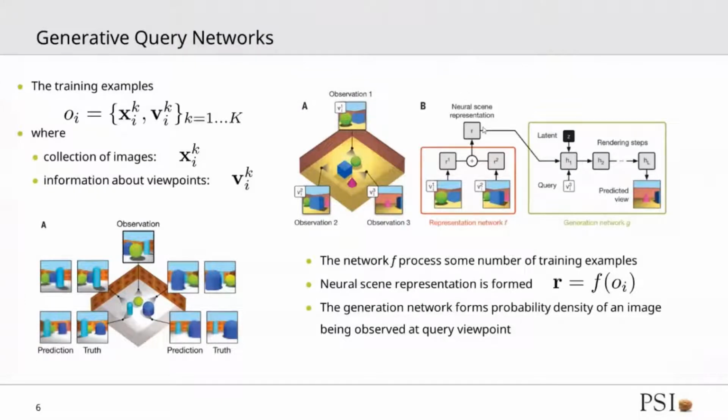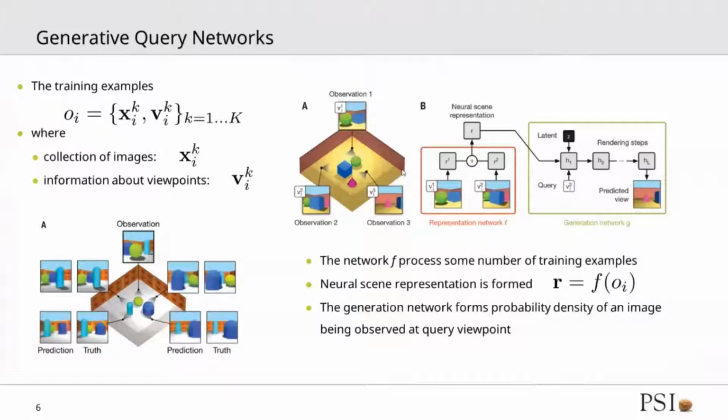You create this neural scene representation, which is here introduced as a vector R, which later on is provided to the generation network, and together with this additional hint, additional supportive information about the expected orientation you want to get from the network, or in the training phase about the orientation of the training example, which is currently the subject of the training, and everything is trained in such a way that afterwards, in the inference phase, you will provide some latent representation of some pictures, plus this meta information about the expected orientation, and you will get this expected orientation.